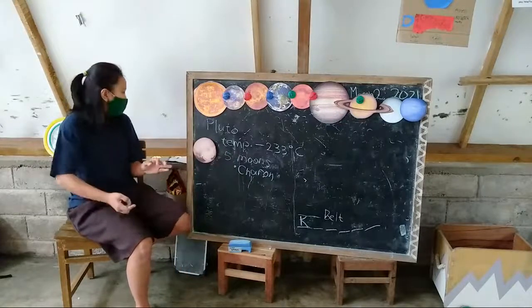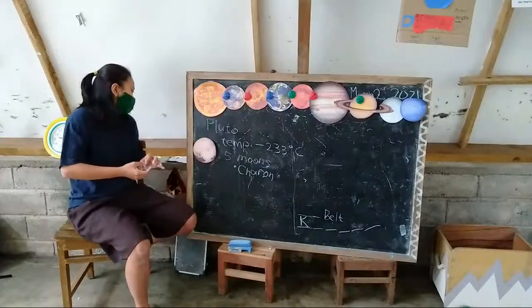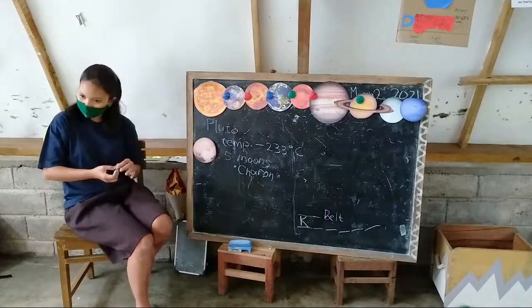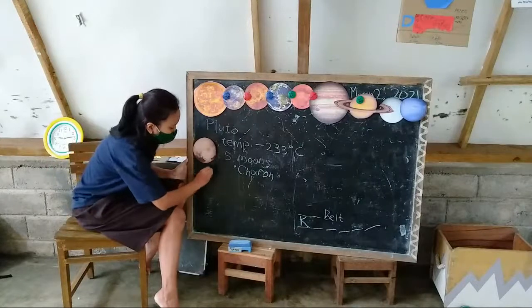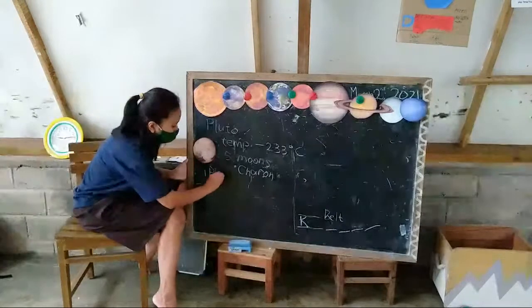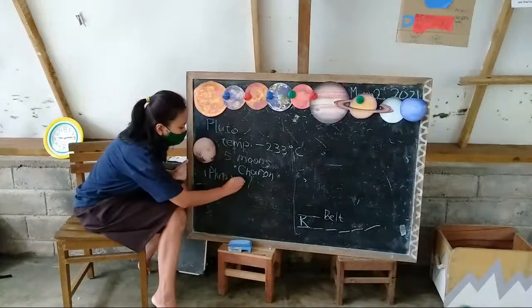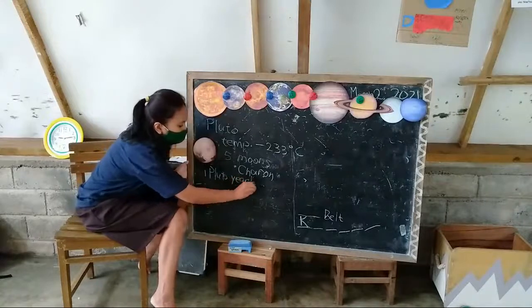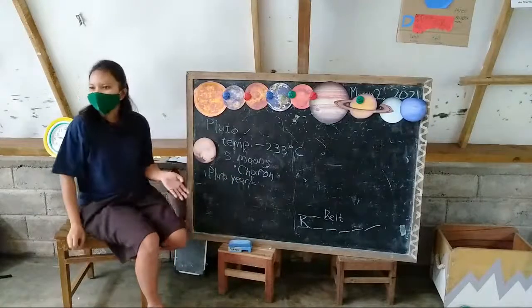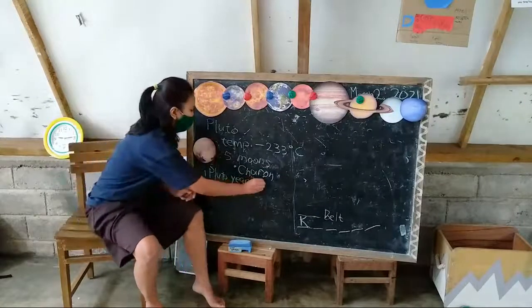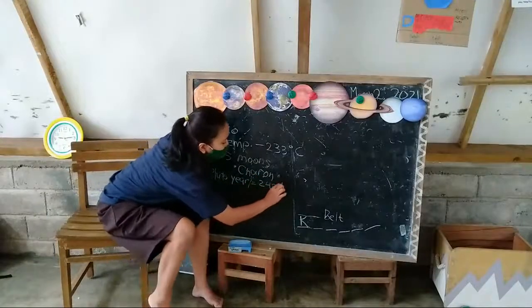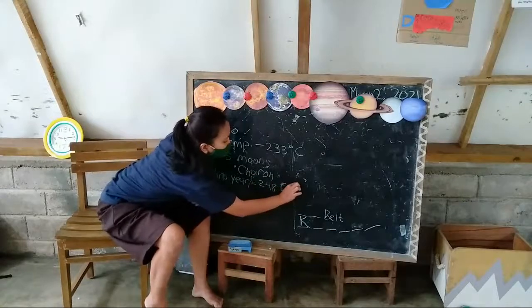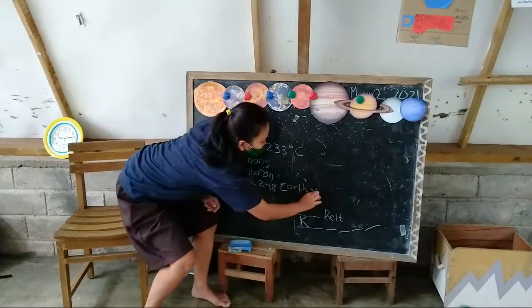And then, what about the year? One Pluto year. I think it's 1 trillion. It is 248 Earth years. What?